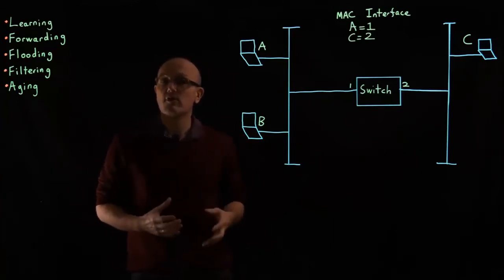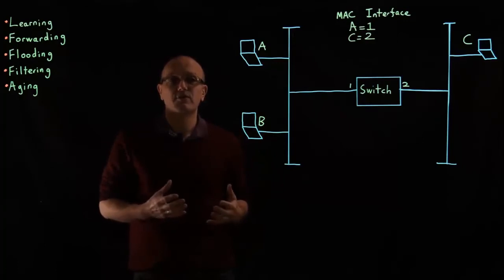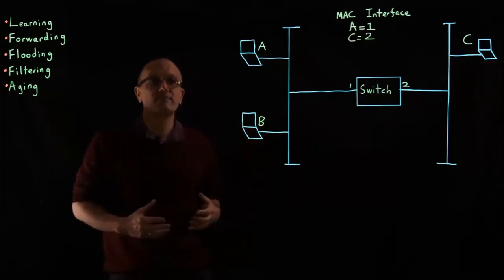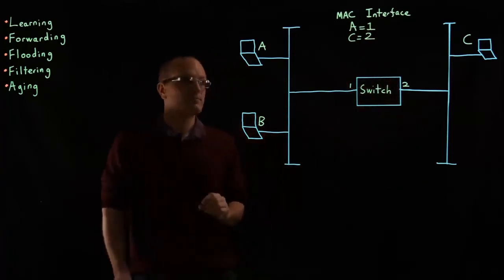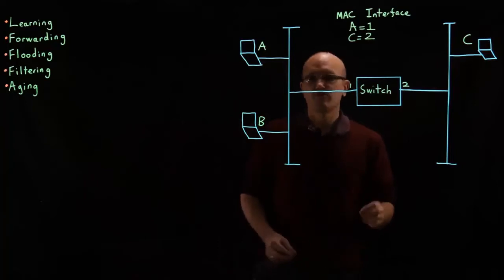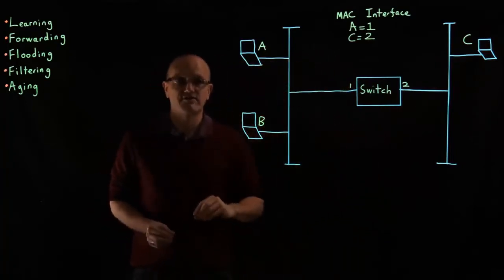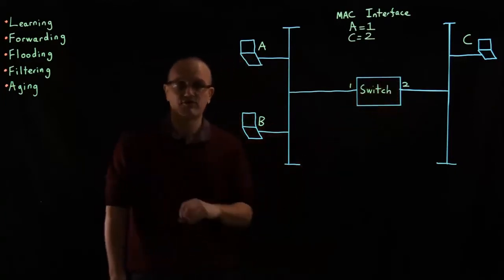But what if we don't know the location of a particular host? In this example here, host B is not yet present in the forwarding table of our switch. And say host C is sending traffic to host B's MAC address. This frame arrives on the switch.